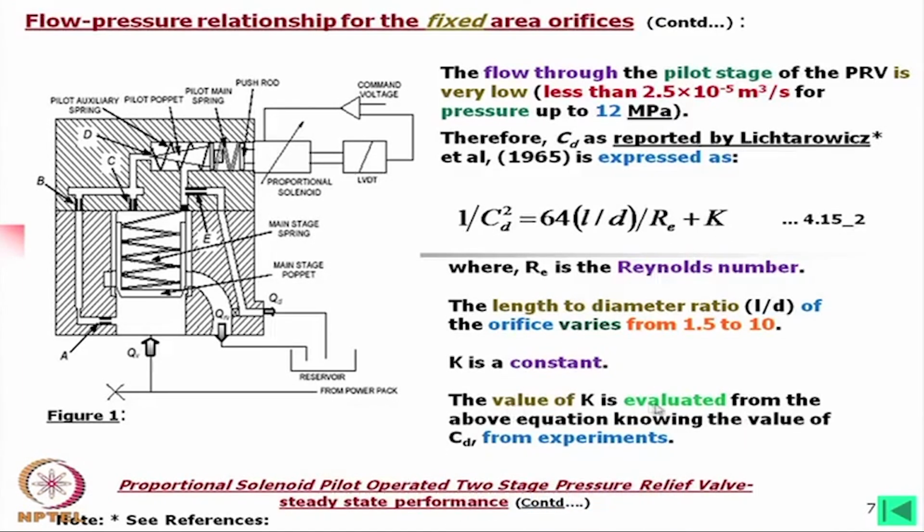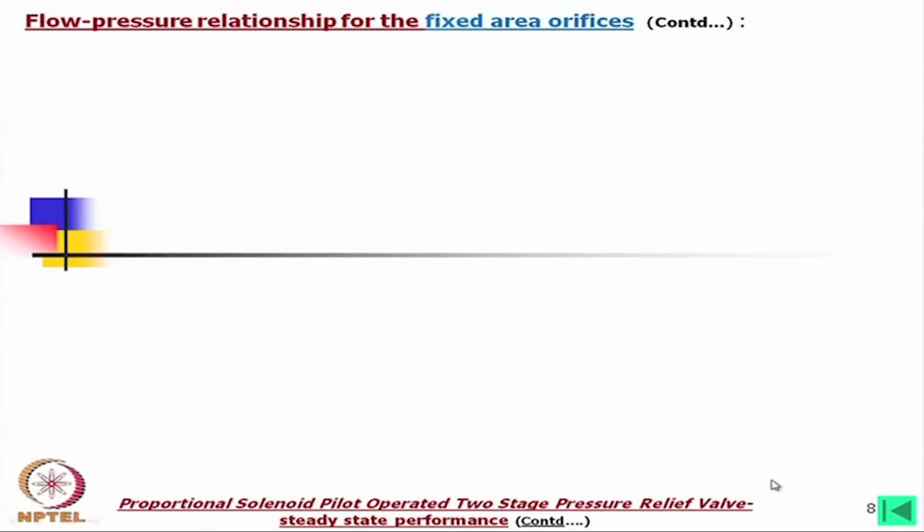The value of K is evaluated from the above equation, knowing the value of CD from experiments. So, what we have done here is we found the CD value from the experiments, and then we evaluated the value of K.